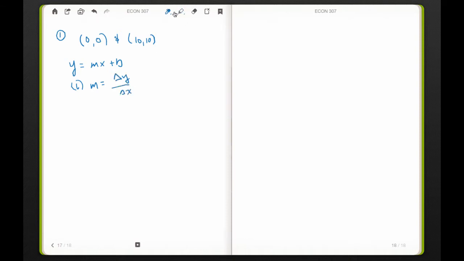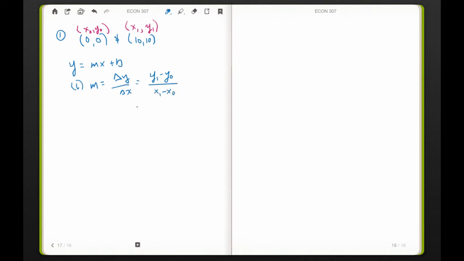So, if it's helpful to do so, you can label things. So maybe we want to label this as x0, y0, and this guy as x1, y1. So that when we start this out, our change in y is going to be y1 minus y0, over x1 minus x0.